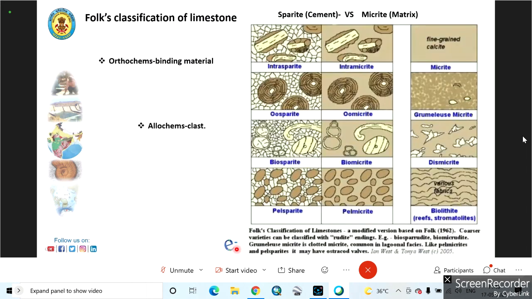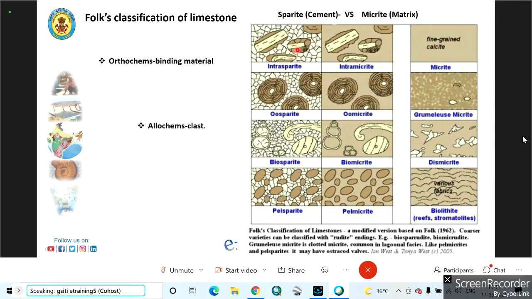On the basis of these constituents, two main classifications have been proposed for limestone. One is the Folk classification, which depends on the presence of sparite, that is cement, and micrite, that is matrix. Then after this cement and matrix, whatever type of allochem or clast is present, accordingly the terminology is used.